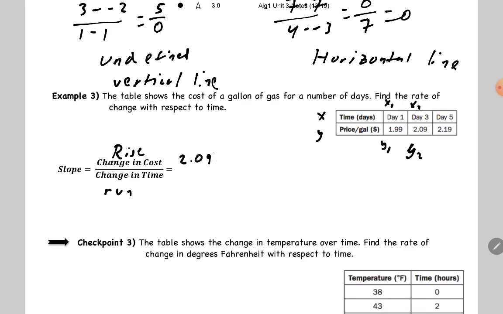2.09 minus 1.99. So I'm still using the formula, y2 minus y1 over x2 minus x1, over change of time, day 3 minus day 1.